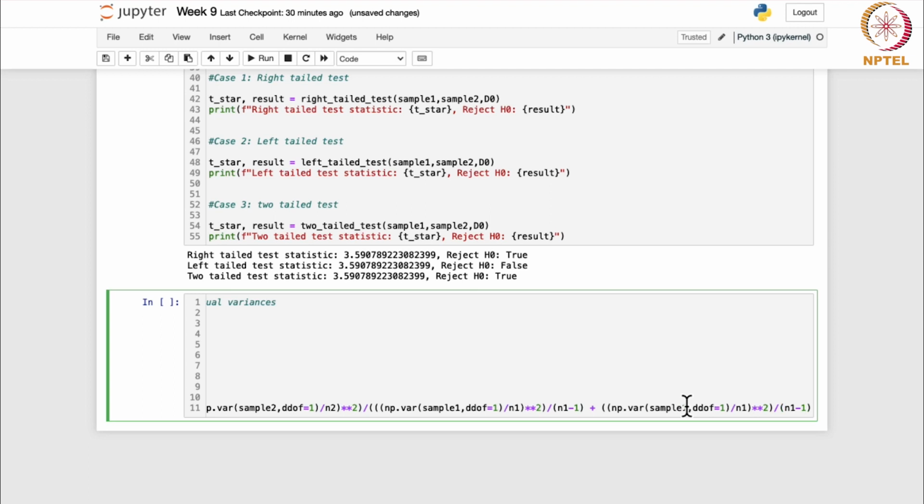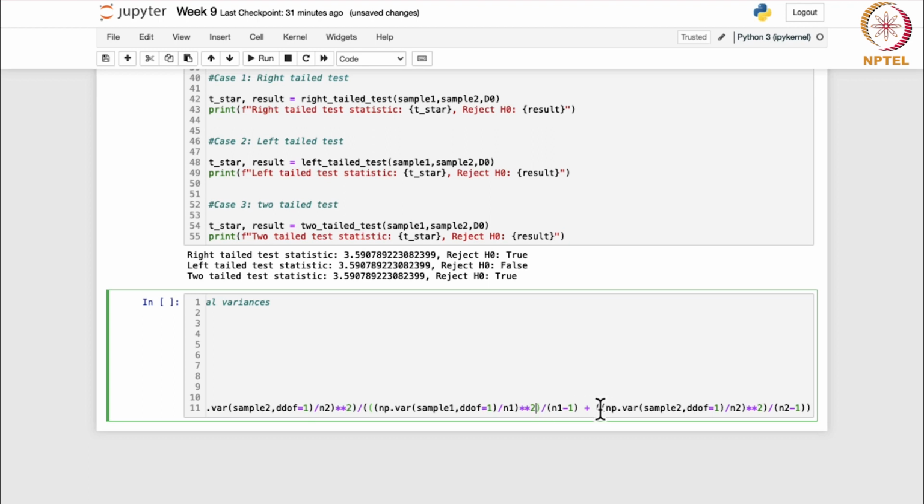So it would be sample 2, it would be n2, so this bracket over here. We want s1 square over n1 whole raised to the power 2, so this is ending fine.